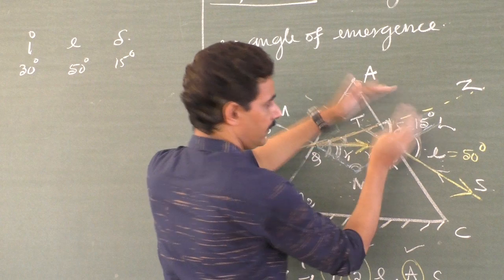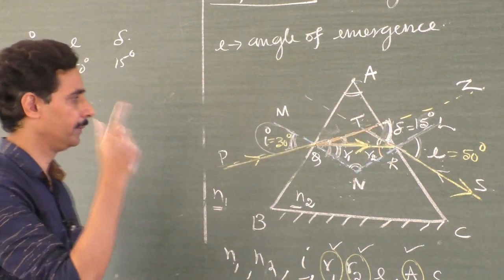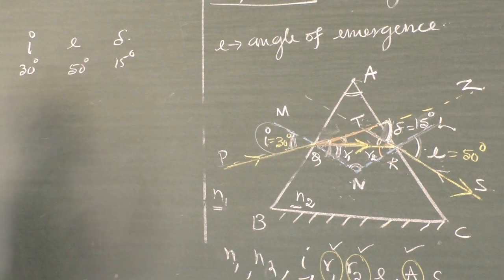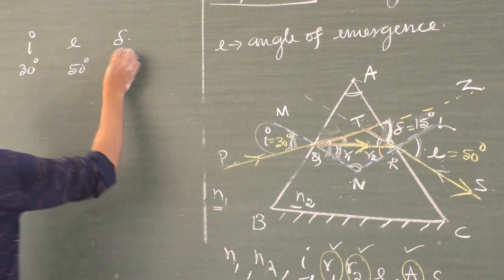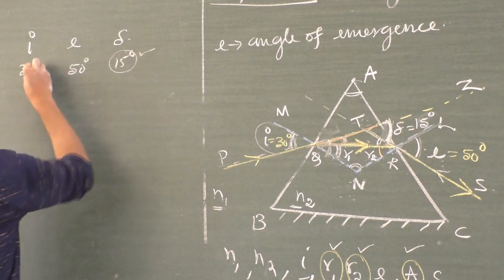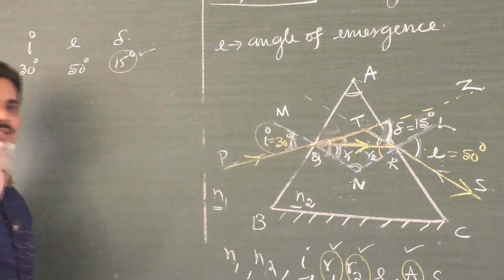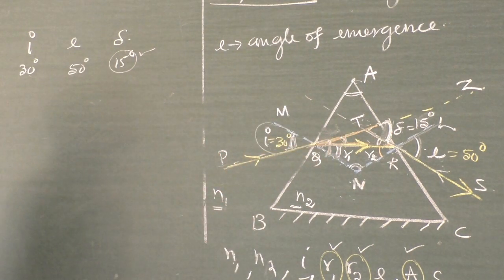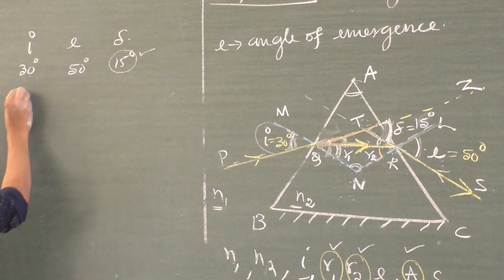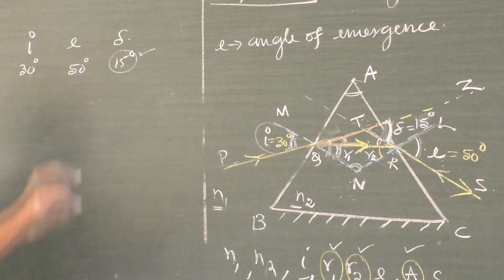That's all. Angle of deviation doesn't go anywhere else. So I can write one sentence here. One angle of deviation can be obtained for two angles of incidence, right? I and E. Both give you the same angle of deviation. Whether it is 30, whether it is 50, angle of deviation is the same.